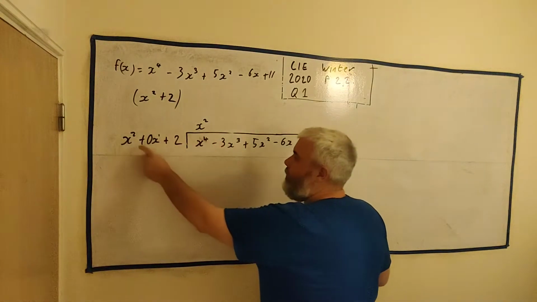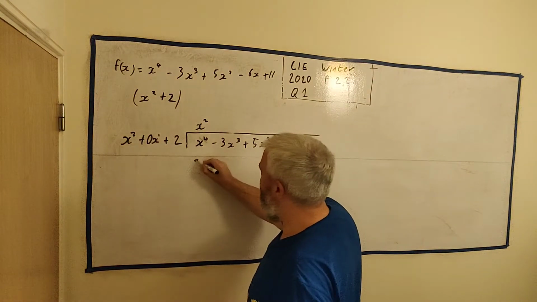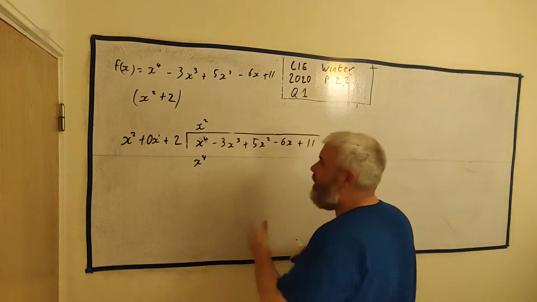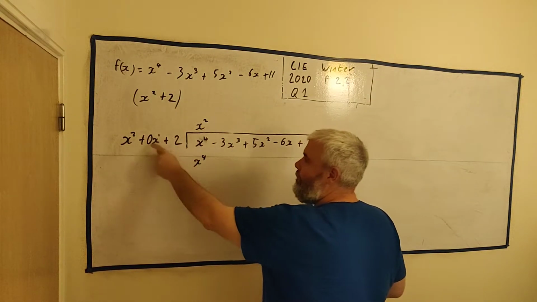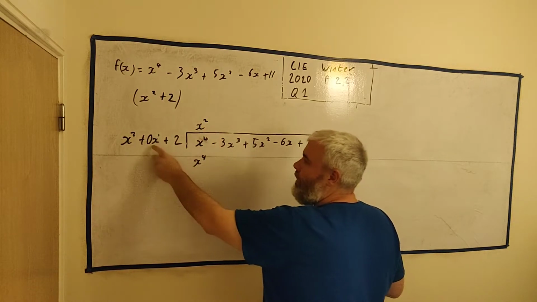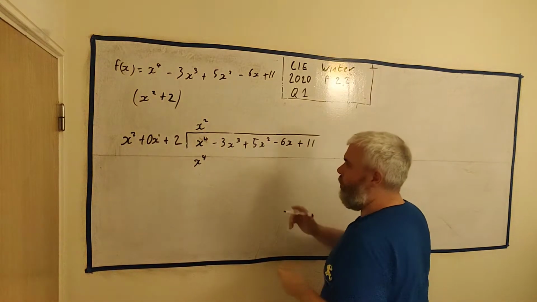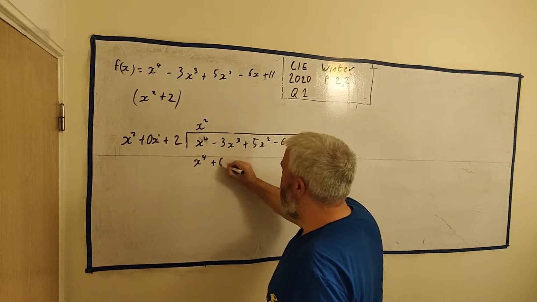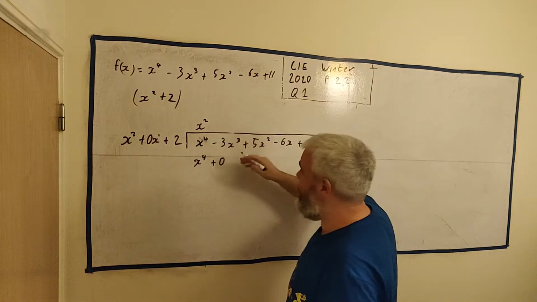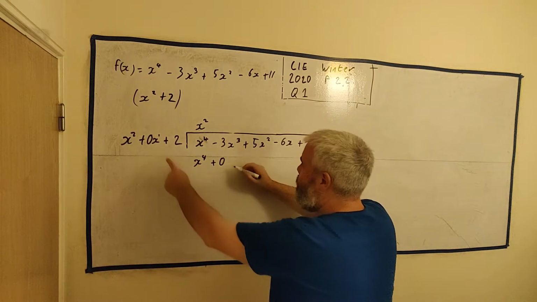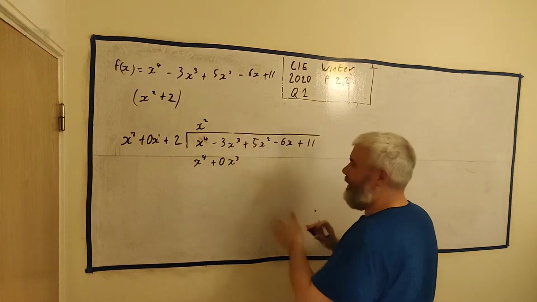So x squared multiplied by this x squared, we'll write it down here, x to the power of 4. Because it's not only this it multiplies, it also multiplies both of these. X squared by 0 is 0, so we'll write that in, plus 0. I don't really need to put in the x squared by x to the power 1 is x to the power of 3, because really it's still 0.